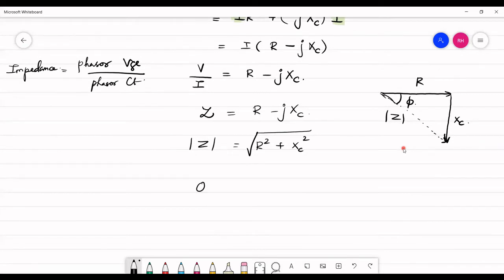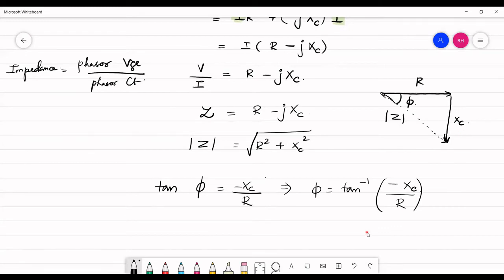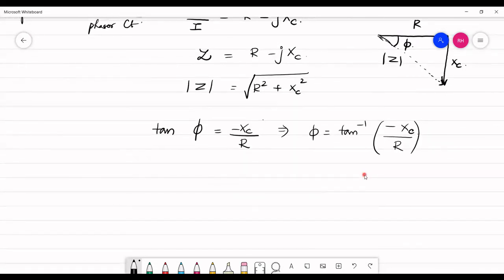And hence, we could write phi as tan inverse of, or first let's write what tan phi is. Tan phi is equal to opposite divided by adjacent, so Xc divided by R. And hence you write phi to be equal to tan inverse of Xc, which is having a value along the negative axis, so it's written as minus Xc divided by R. And we could see that tan inverse of this negative number is again a negative number.